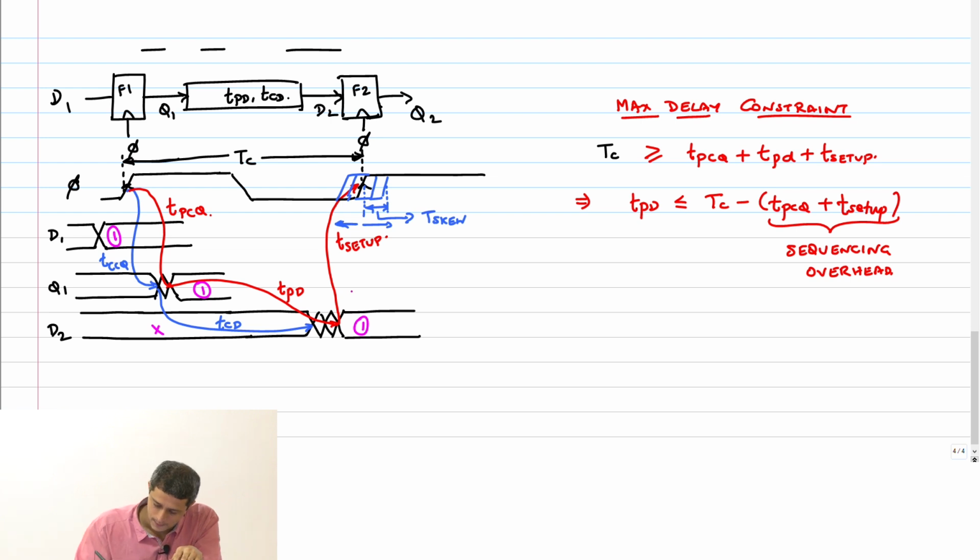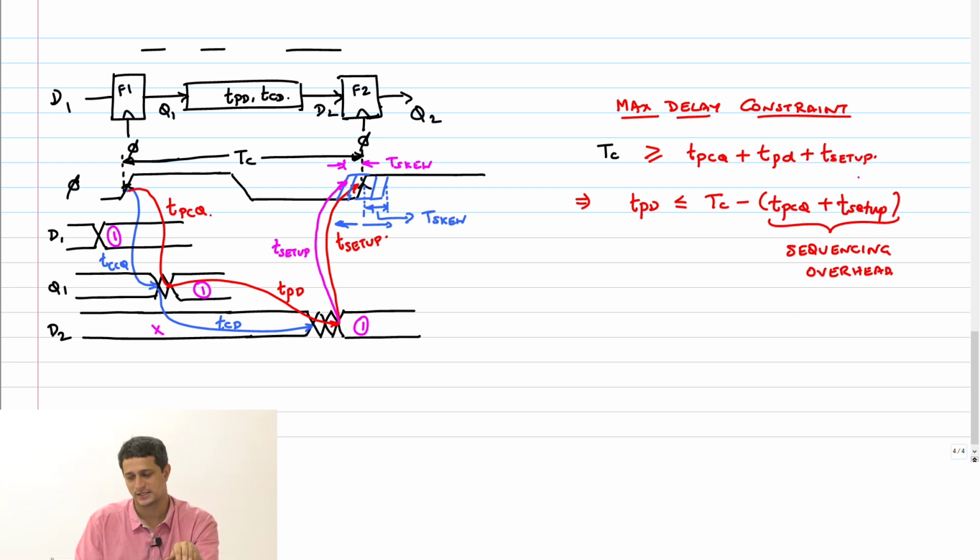So with clock skew, this has to be T setup, and of course the delay from here to here is T skew. So how do I modify this expression now?